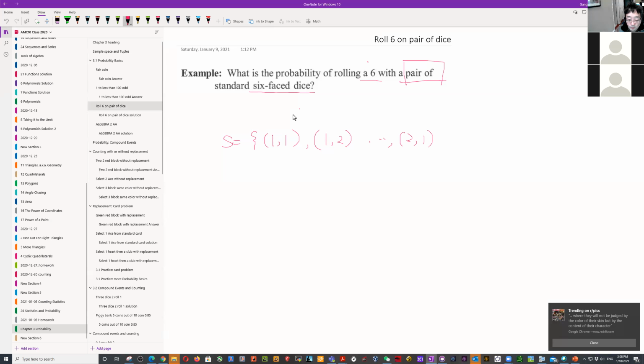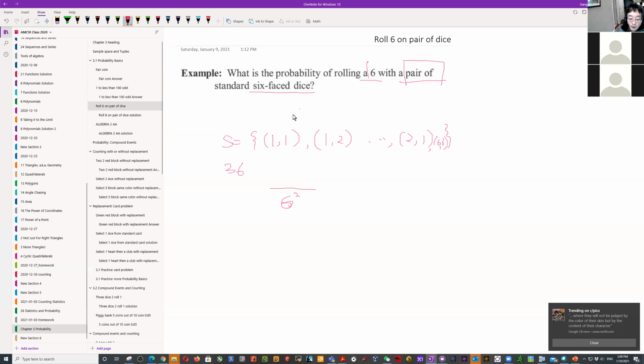With 1, 2, the first dice you roll 1, the second dice you roll 2. With 2, 1, the first dice rolls 2, the second dice rolls 1. So the cardinality of the sample space is 36. It's just 6 squared.